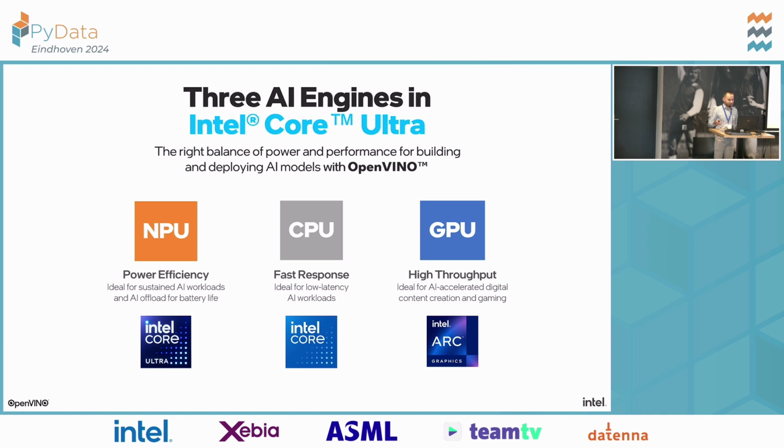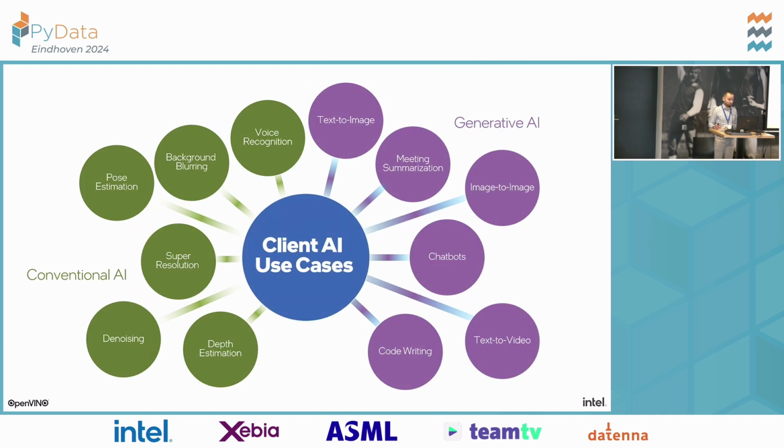So if we look back at the AI use cases we had, conventional or generative AI, it looks like we can run depth estimation on the NPU, for example. So we have the CPU for something else, we have the GPU for something else. We can also run depth estimation on the CPU. Then in that case, the NPU will be free for something else and the GPU as well.